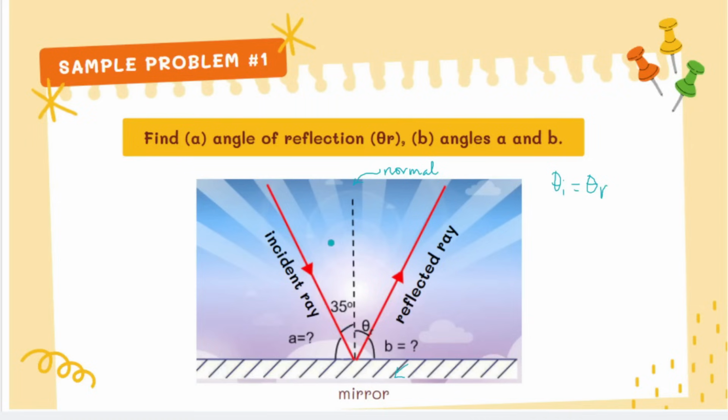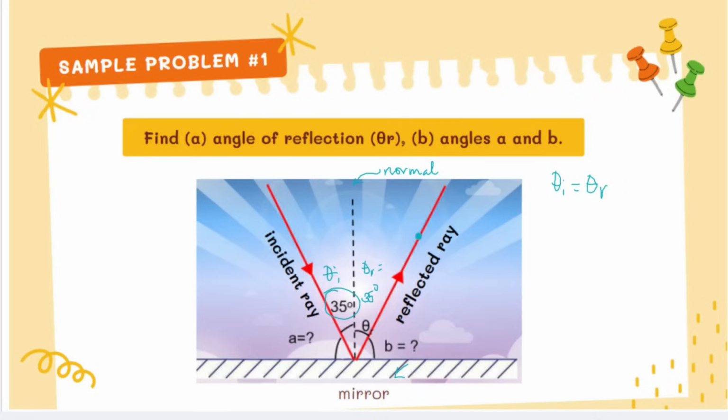So therefore, our angle of incidence is 35 degrees. And our angle of reflection will also be measured from the normal to the reflected ray. So therefore, if theta i is 35 degrees, then theta sub r is also 35 degrees. Alright, so nakuha po ba yan?